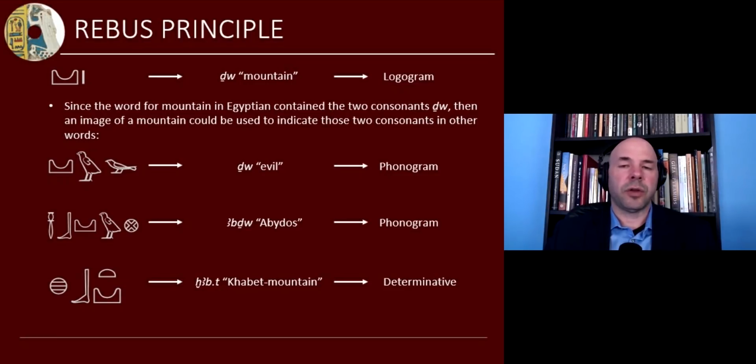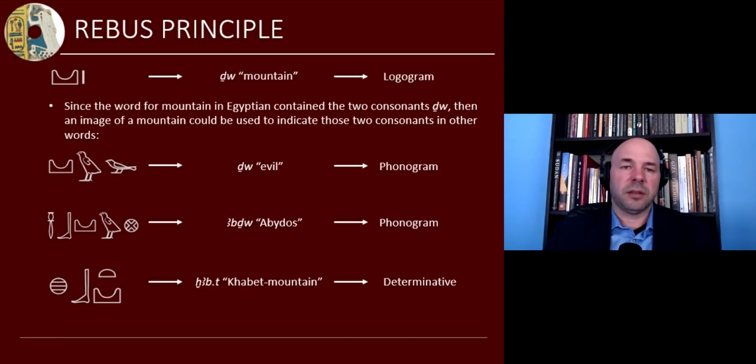So that's the logogram. But with the rebus principle, this is how the magic of writing systems developed, for the Egyptians and others: once you have a picture of an item and the sound that goes with that picture, then you can use that picture to write that sound value in any other word. So for example, if you take the sign of the mountain that you see at the top as the logogram, and then you use it with a different determinative.